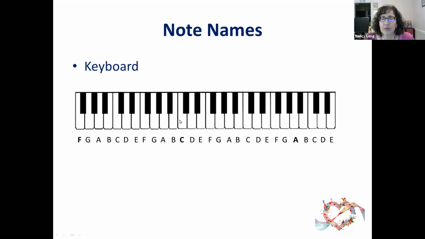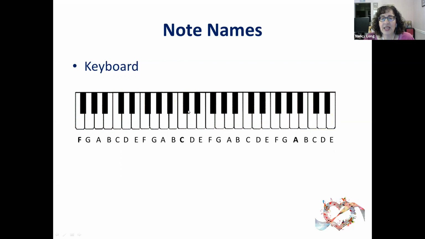So it's a whole step from C to D. It's a half step from C to D flat or C sharp, or another half step from D flat to D. So going across the top of the keyboard, every one of these steps is a half step. Going across the bottom of the keyboard, some of them are whole steps and some of them are half steps.